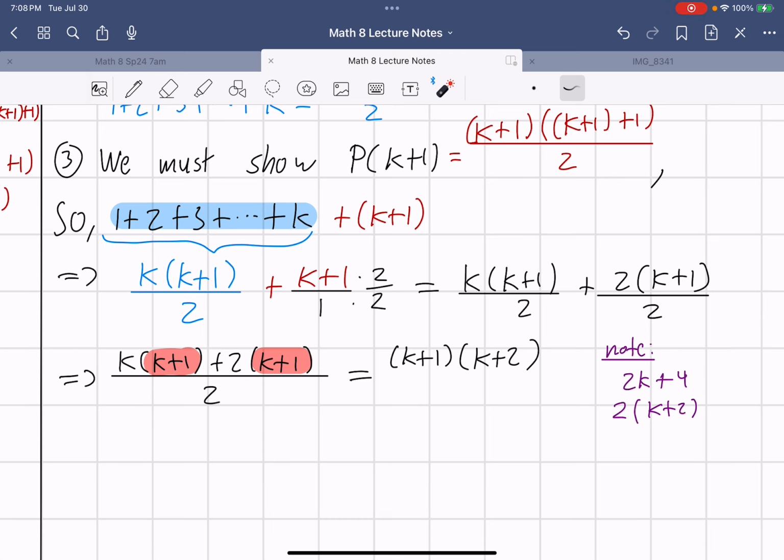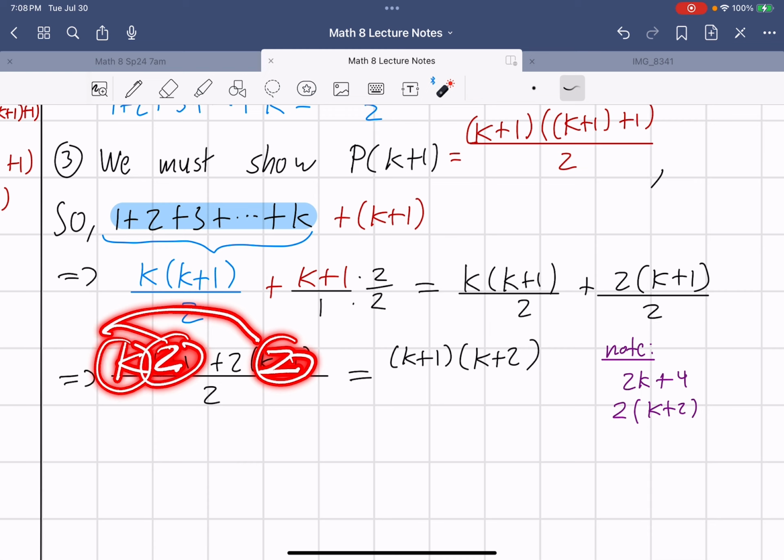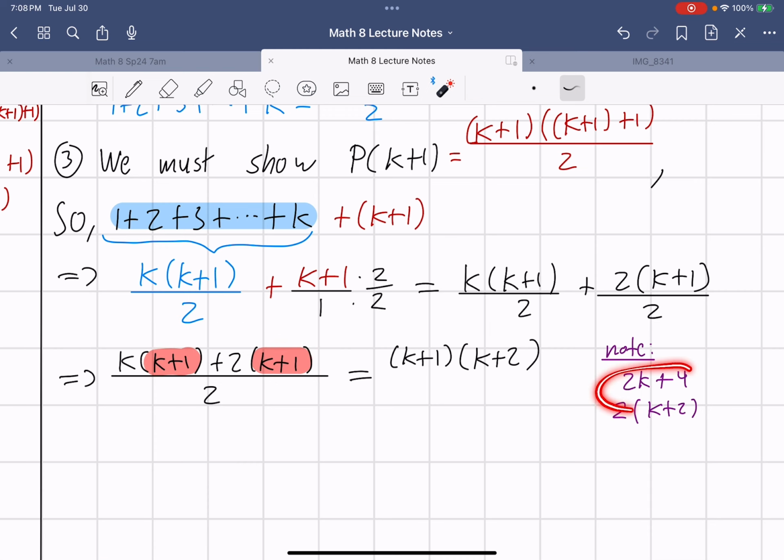Imagine that this is, I guess, k times 2 essentially, and then this is another 2 here, meaning it's 4. They both share a factor, so I can factor it out, and I'm left with k plus 2. The same way here, I know 4 is 2 times 2, and 2k is 2 times k, and I'm factoring out one of those 2's, and I'd be left with k plus 2.